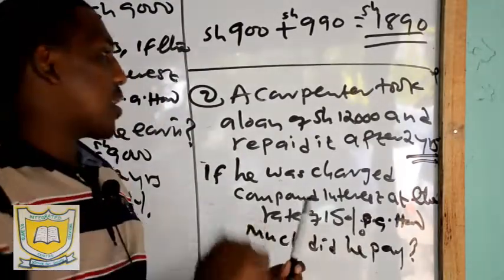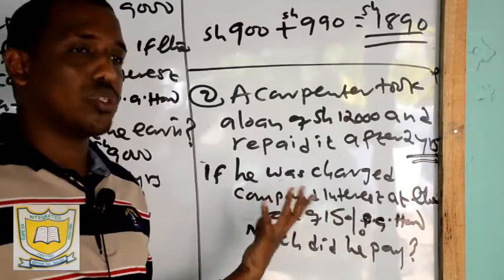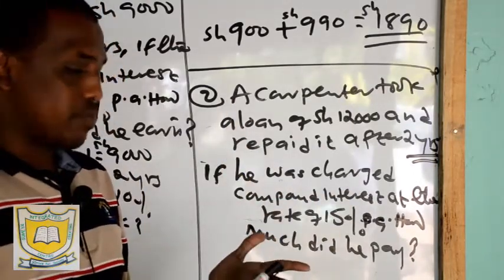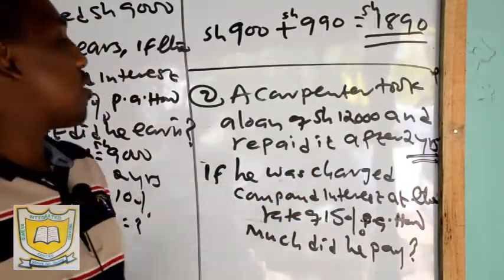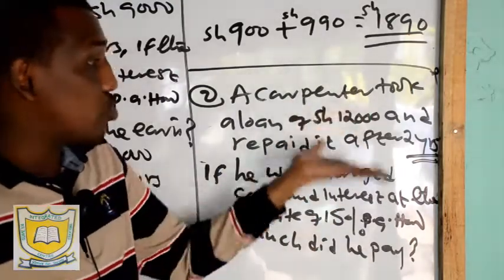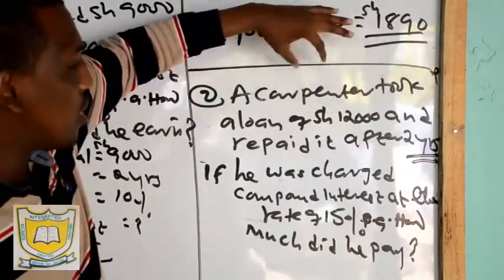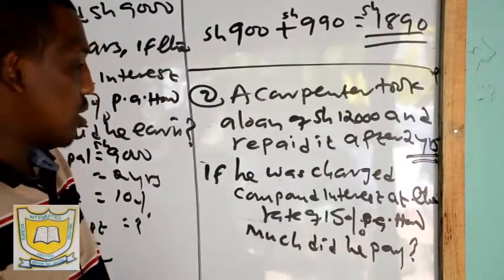You are told a carpenter took a loan of shillings 12,000. When I was introducing the symbol interest, I said principal, deposit, money borrowed, loan, invested, all are the same. Someone can say there is no deposit here, but I said the loan, invested, principal, all are the same. So the loan of shillings 12,000 is now the principal.